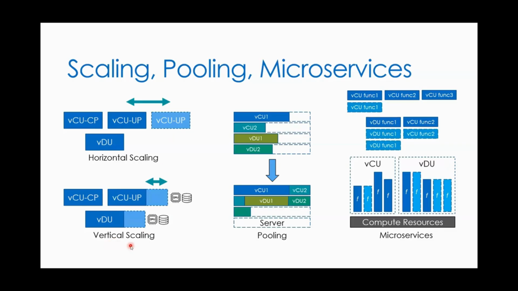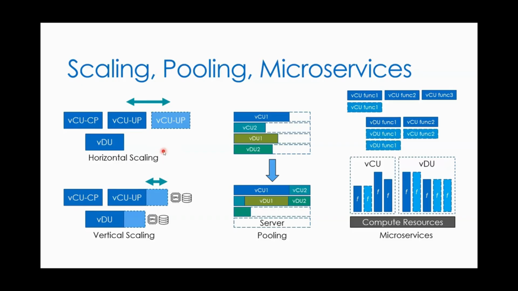And then the concept of vertical scaling is providing more compute resources to a particular instance. And typically that means more CPU processing power or more memory. So the cloud platform can dynamically allocate and remove additional resources to those instances.